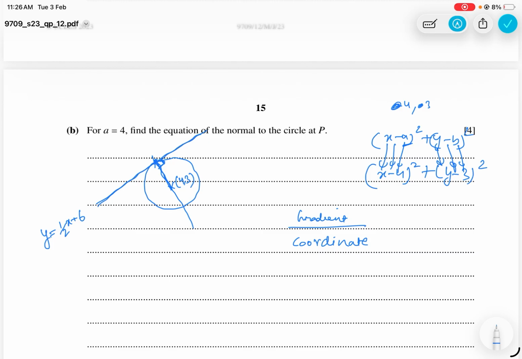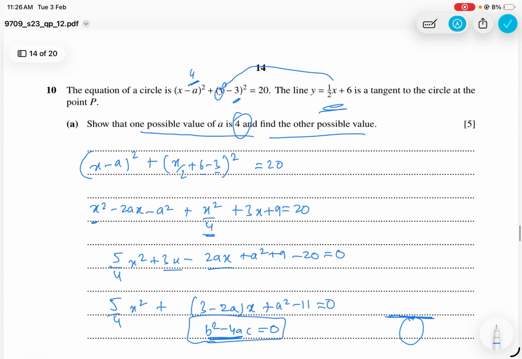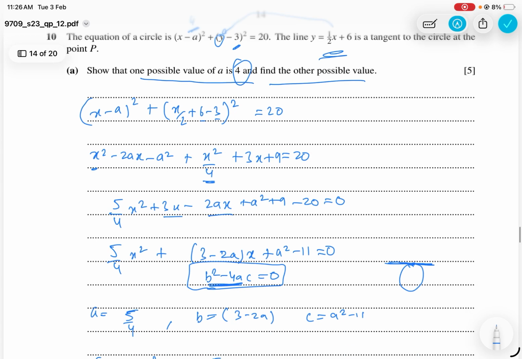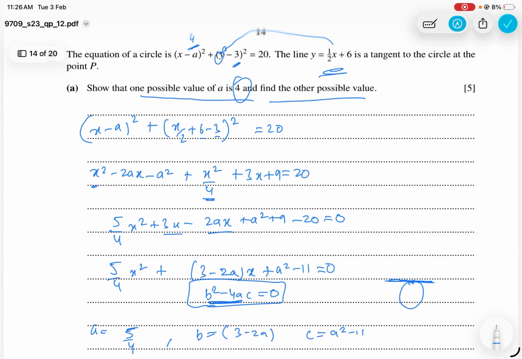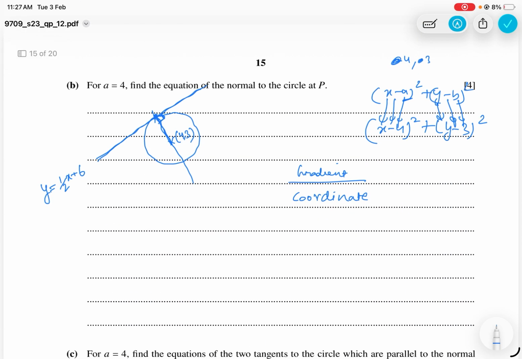Let's try to find the gradient of this tangent. Very simple, the gradient of this tangent is really simple.